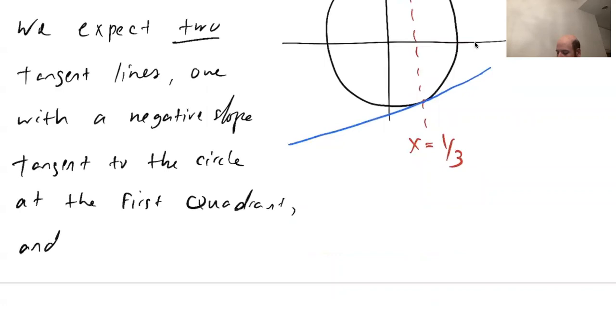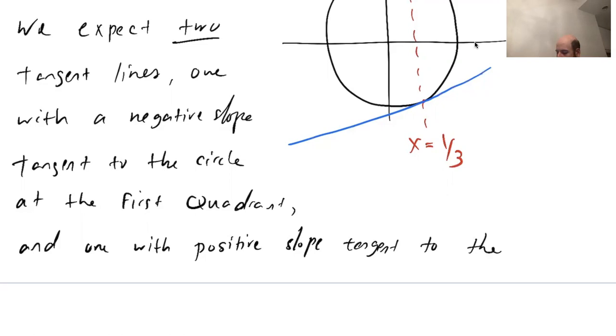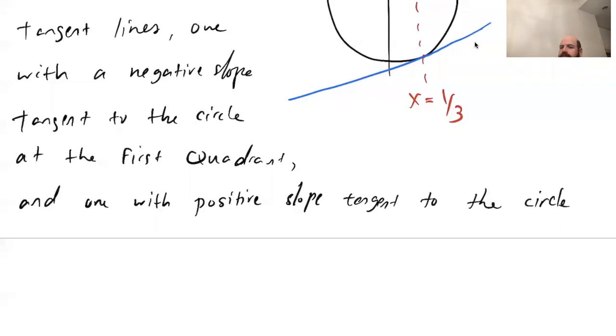And one with positive slope, tangent to the circle at the fourth quadrant.